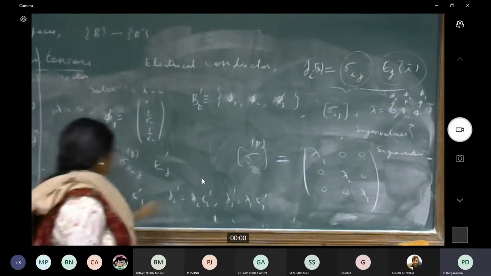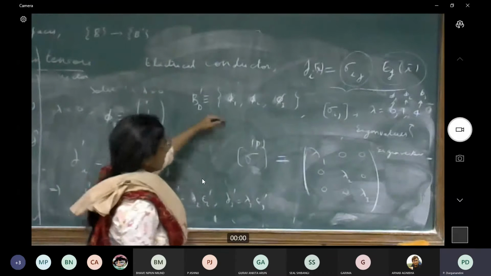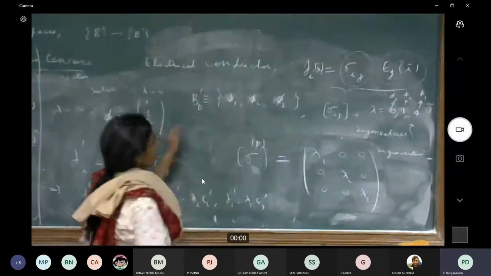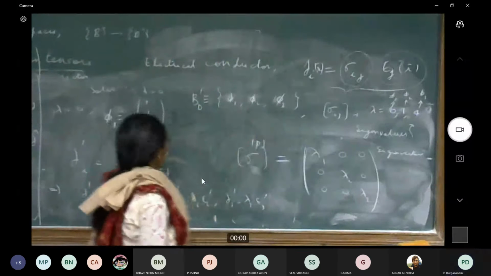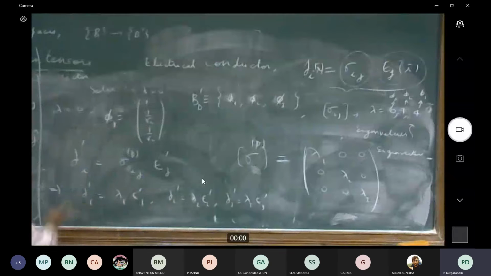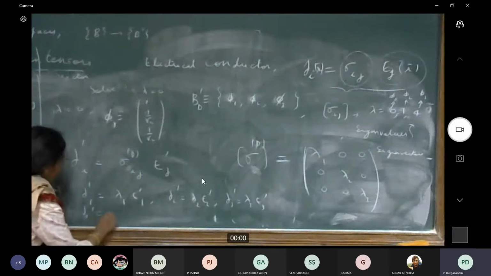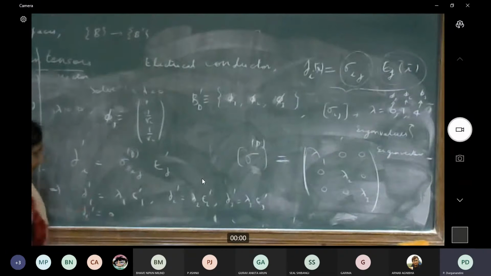Fine. So this is your prime basis, what I was calling earlier E1 prime, E2 prime, E3 prime. What this is now telling me is that since lambda 1 is identically 0, J1 prime equals 0.